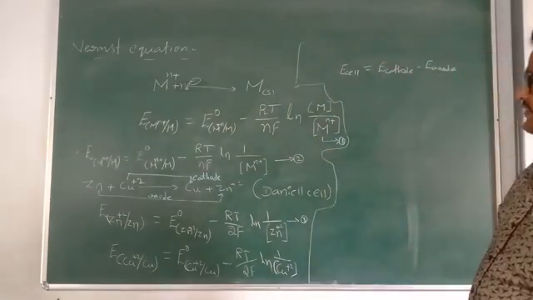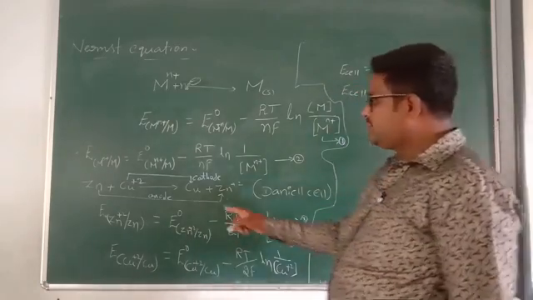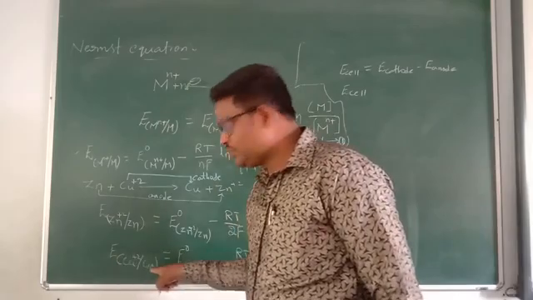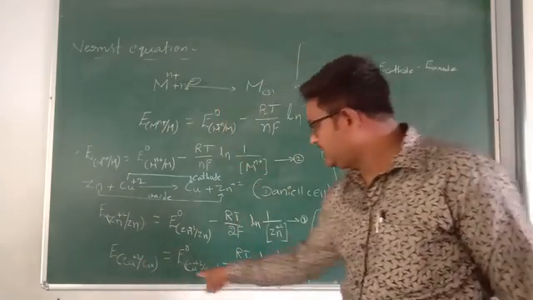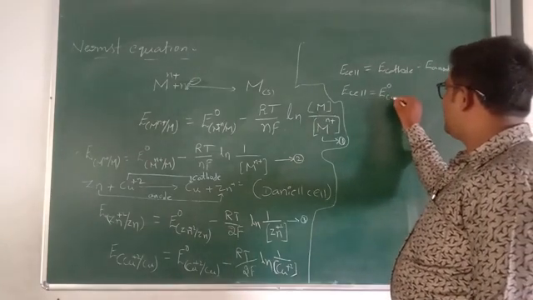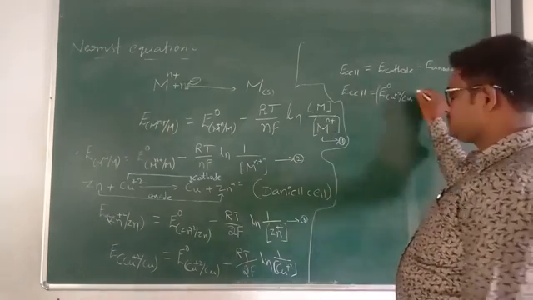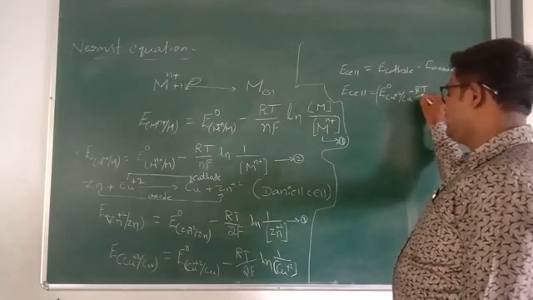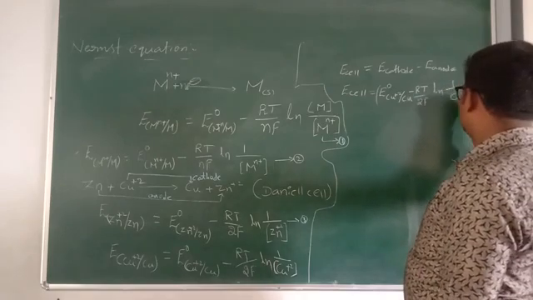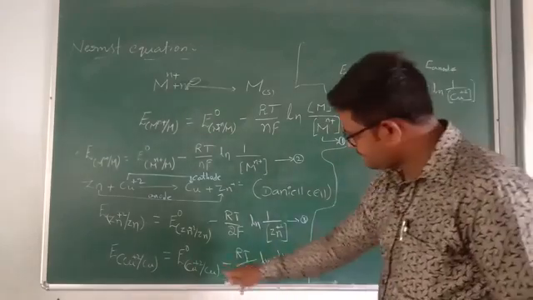So from this formula, E cell is equal to, for the cathode, which one? Here, the copper ion. So write down the copper ion formula. Instead of E cathode, we can substitute this formula entirely. So that is E naught Cu+2/Cu, minus RT by 2F ln 1 by the Cu+2 ion concentration, minus, for the anode, which one?